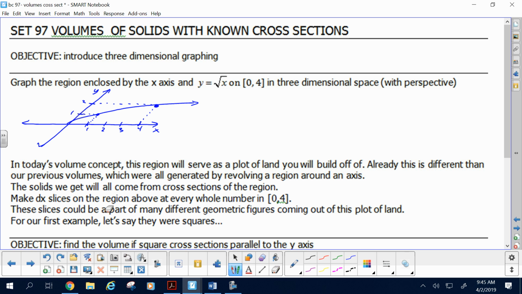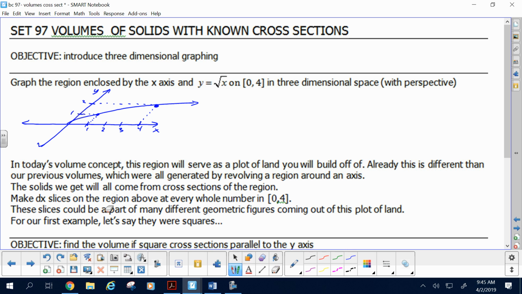But the idea is that in volumes of revolution, no matter what the region looks like, you always get kind of a bunch of circles because this stays the same distance all the way around. So circles are big in volumes of revolution. These will be different. Okay?